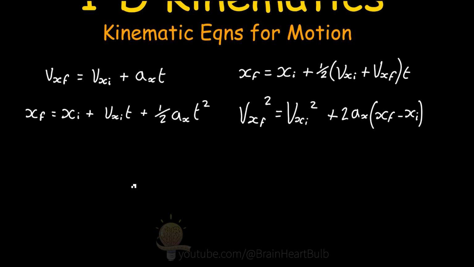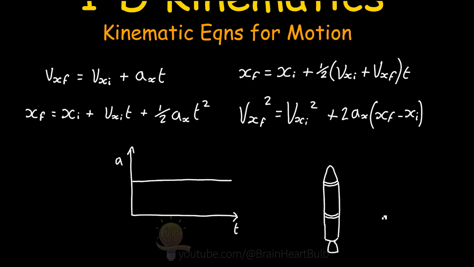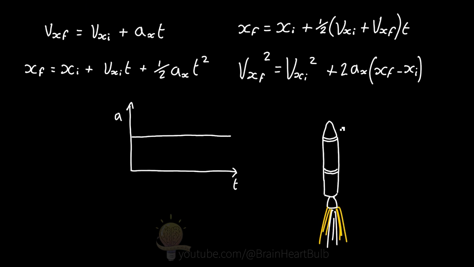Now, these equations of motion will only work in situations where the acceleration does not change over time. So when we have an acceleration time graph with a constant acceleration like this. Imagine you're an astronaut and you're in a rocket travelling up to orbit.